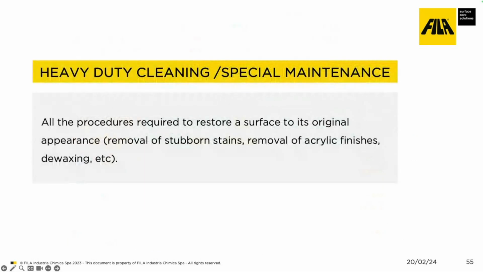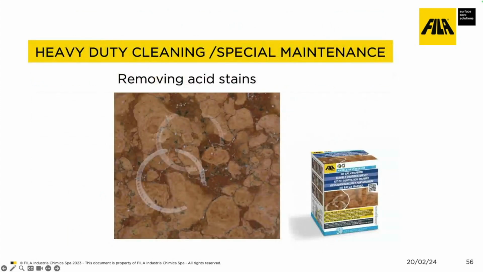Now, the heavy-duty cleaning, the special maintenance, is basically when you deal with an old installation or an installation that has certain stains, and you want to remove those stains. Okay, so let's see the examples and what we have available for you.